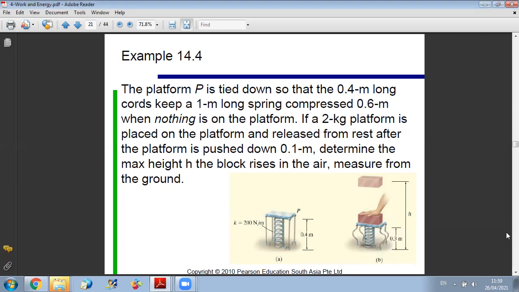I will repeat in brief the given. We have here a plate P, and this plate is forced to be at a maximum distance of 0.4 meters from the ground, okay? Because you have here the rigid links.